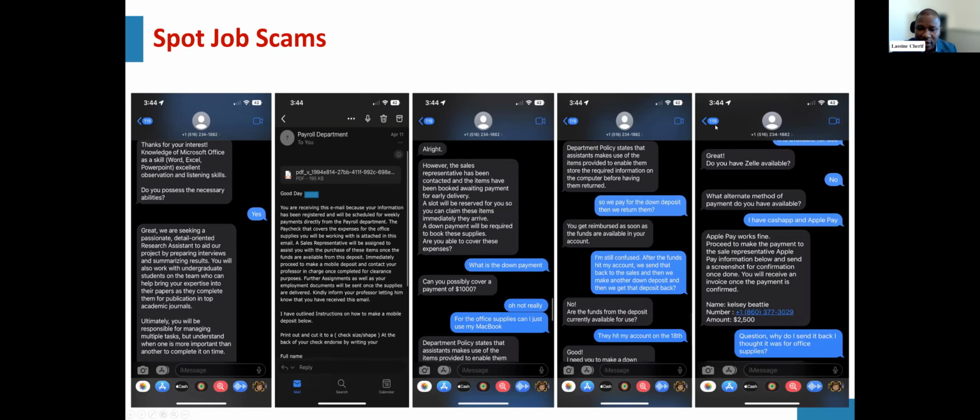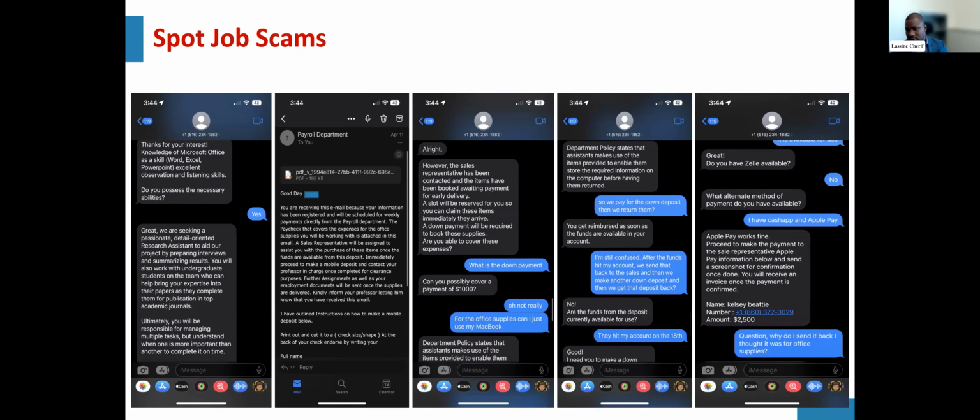Now here we're explaining why you have to do that, because it's a department policy and all of that, right? And then here, now we're telling you the method where you have to pay, Zelle or you have to use Apple Pay. I don't remember any serious organization doing such a thing.